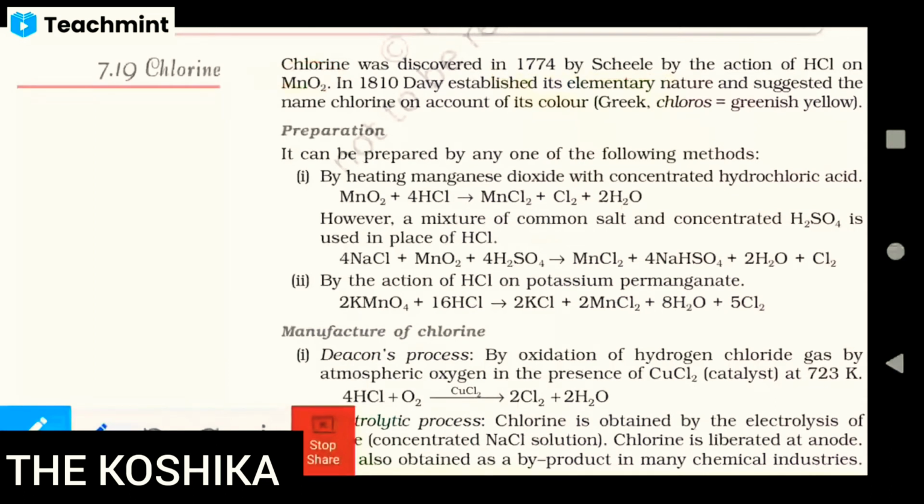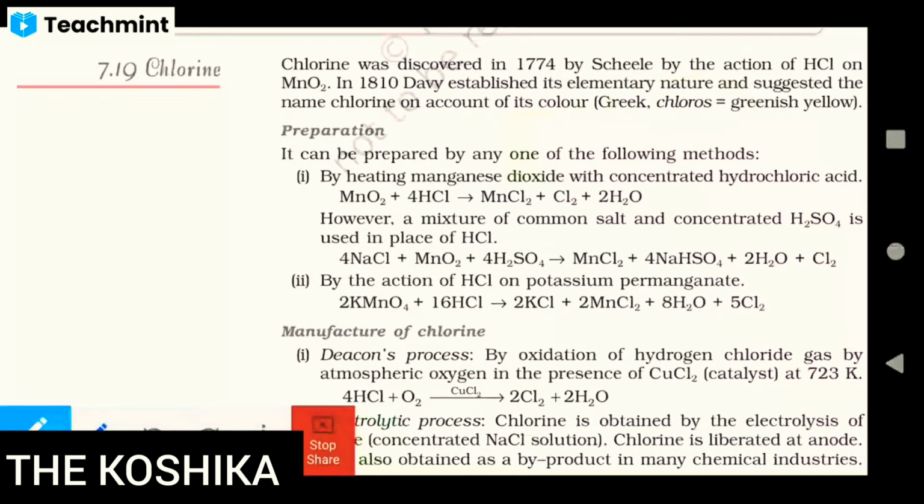Later on, in 1810, Davy established its elementary nature and suggested the name chlorine. क्यों नेम रखा? It's due to its color. क्योंकि ग्रीक भाषा में क्लोरोस का मतलब ग्रीनिश येलो होता है और ये ग्रीनिश येलो कलर का दिखता था.